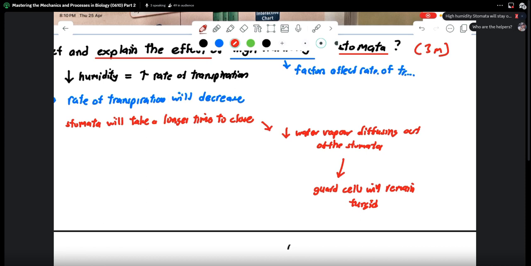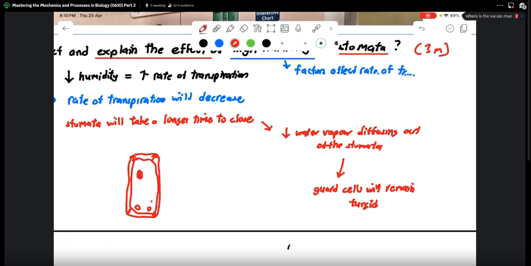Therefore, the plant cell is like this one. Remember the square shape, and then the nucleus, and then the bunch of chloroplasts. So turgid is when all the pressure on the wall is still there because of water. Water is pushing onto the walls, so it remains turgid. Okay, so there is no water escaping.